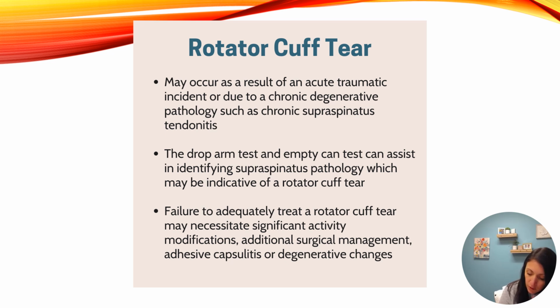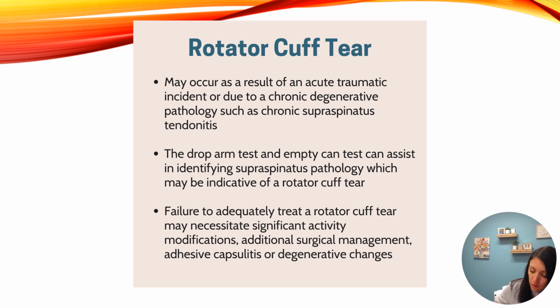Surgery can be indicated depending on the severity of symptoms and the size of the tear, and usually the surgical intervention will be arthroscopic, and may also include subacromial decompression, and they'll repair the tear of the tendon or both. Depending on how much of a tear it is, that's what you're going to go by with the protocols too.